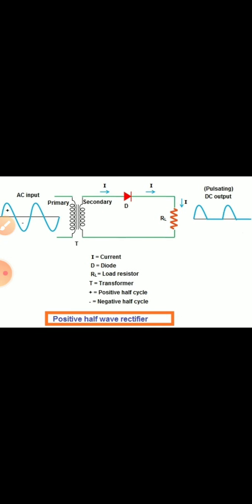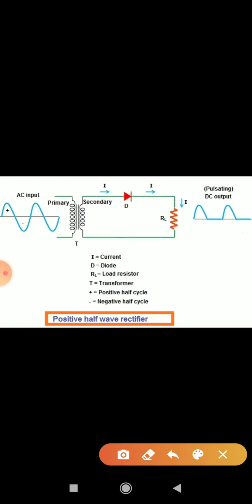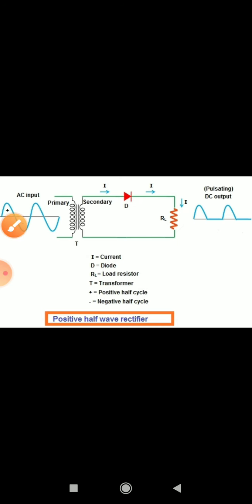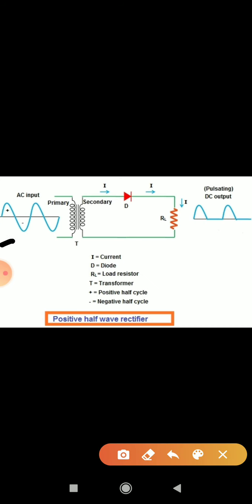This is a typical half wave rectifier which we have shown here. It consists basically of a transformer, a diode, and a resistor across which we can take our output. Here the alternating current consists of positive and negative half cycles. The transformer consists of primary and secondary windings.